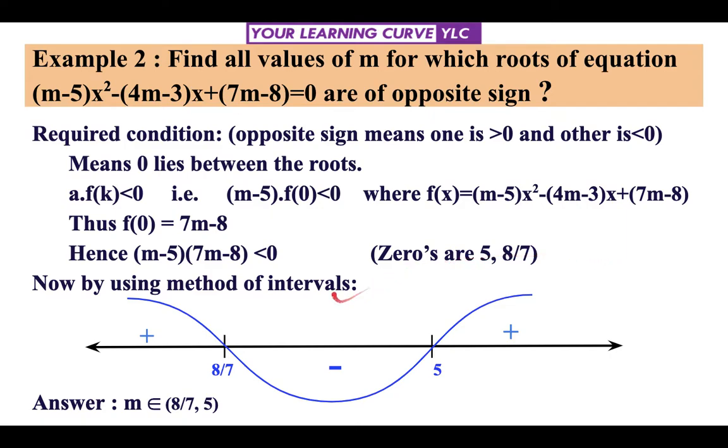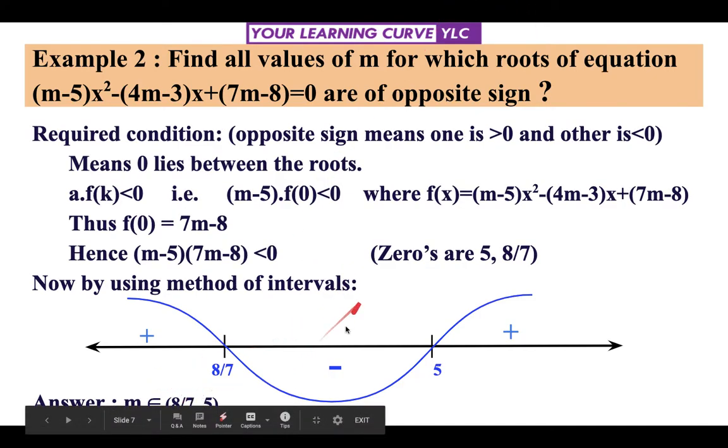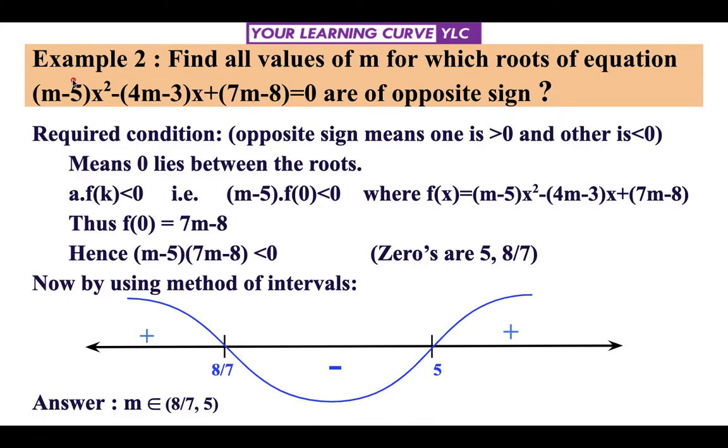So our interval is 8 by 7 to 5, and since there is no equality here, we put open brackets. End points will not be included. Therefore our answer is m belongs to (8/7, 5). This is the interval where this quadratic will have roots of opposite sign.